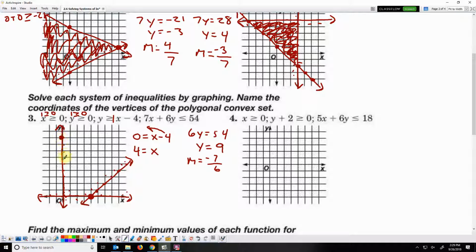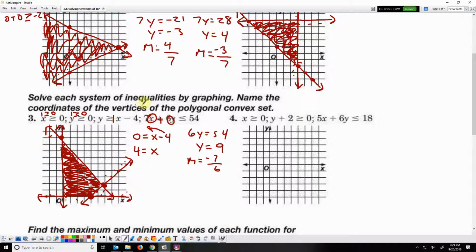So down 7 over 6. And when I shade, I get 0 plus 0 is less than or equal to 54, and that is true. This one shades toward the origin, and I have shaded this area all 4 times. So that region is what satisfies all 4 inequalities.